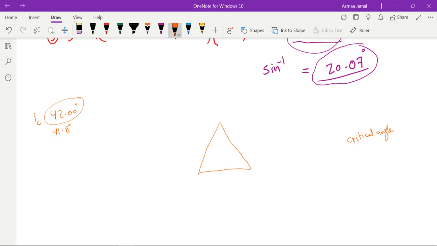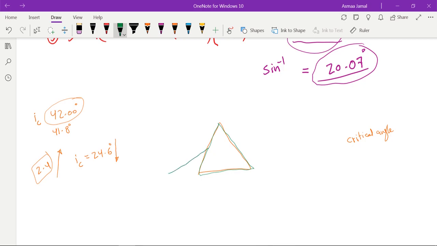For a medium with higher refractive index, such as diamond, which has a refractive index equal to 2.4, the critical angle for diamond equals 24.6 degrees. So when the refractive index increases for the medium, its critical angle becomes smaller. So here the prism has a critical angle of 42 degrees.